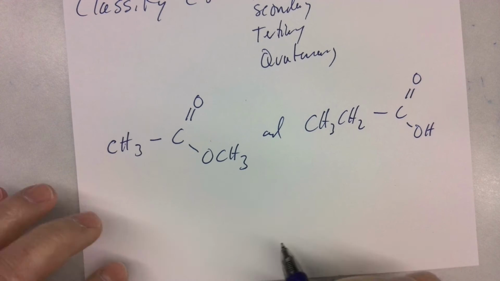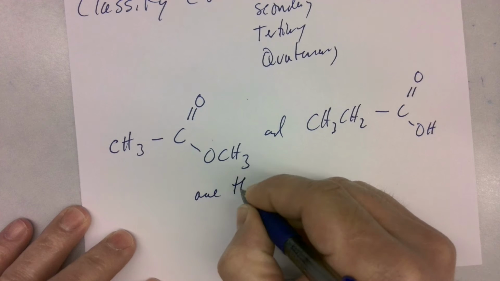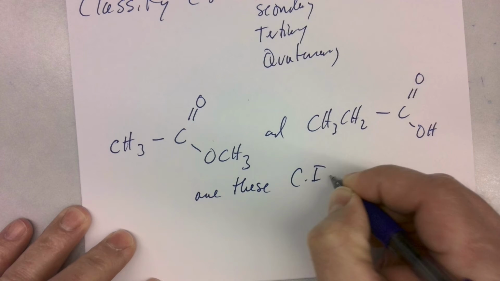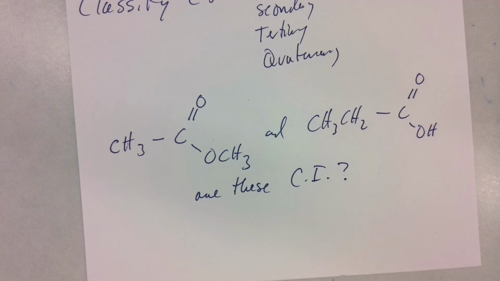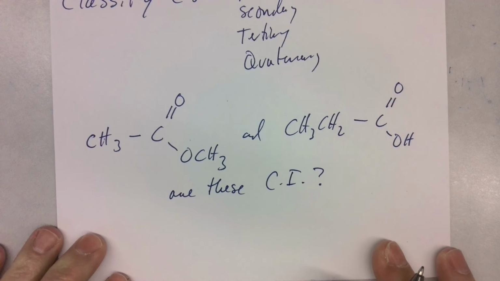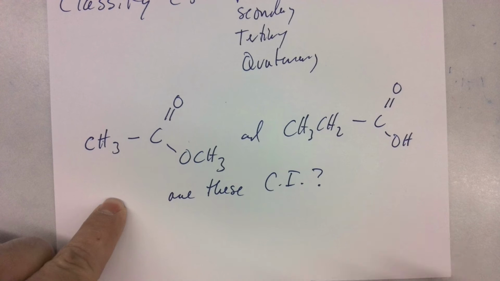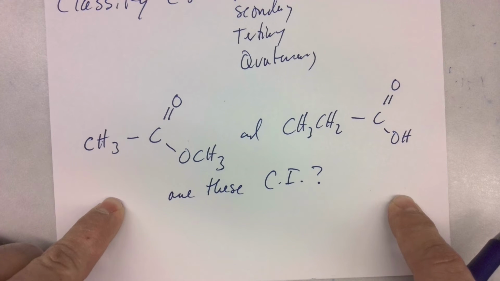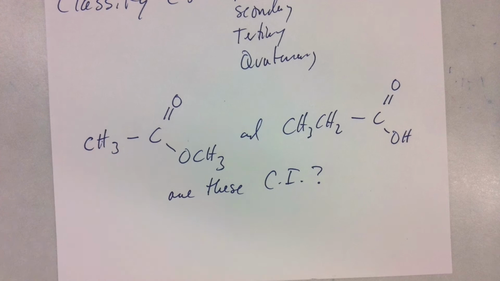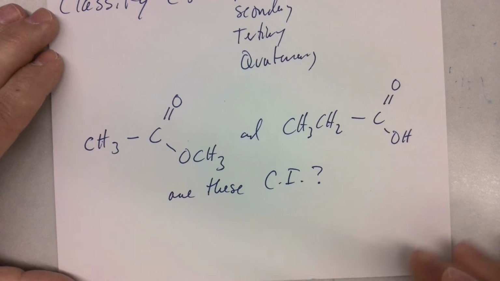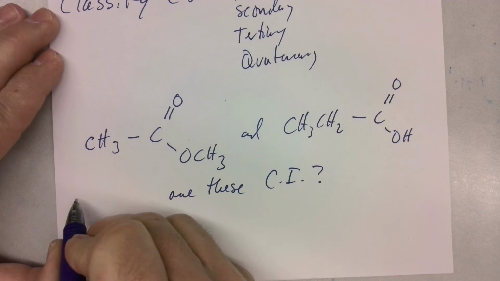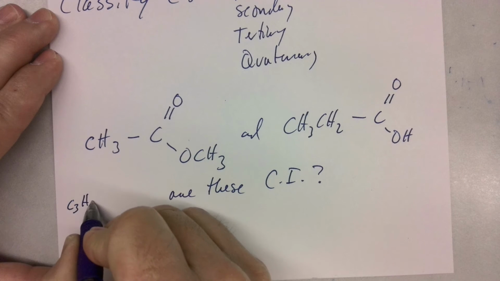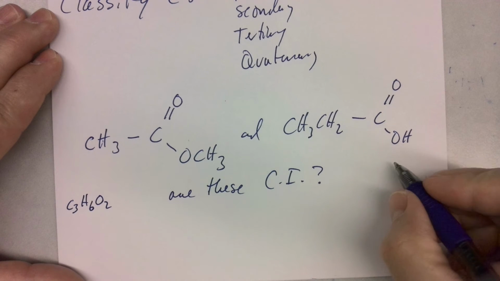And it simply says, are these constitutional isomers of each other? And all I would do is I would write down its formula, and see if they are the same. That's all you got to do. So what's this one's formula? And usually it goes C's, H's, and O's. C3H6O2.